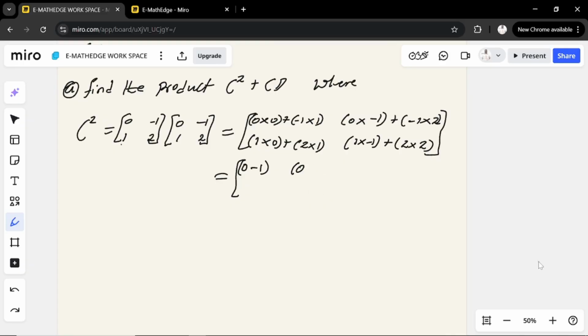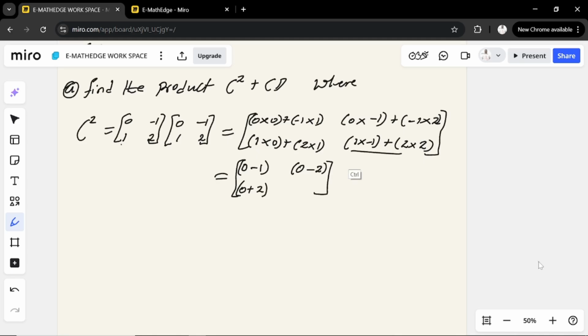So we are going to have 0 minus 2. For the element in the second row, first column, we are going to have 1 multiplied by 0, which is going to give us 0, plus 2 multiplied by 1, which is going to give us 2.